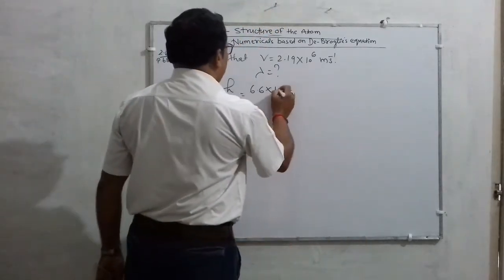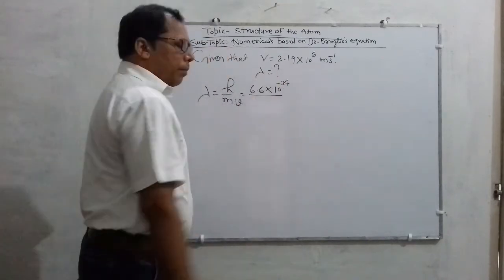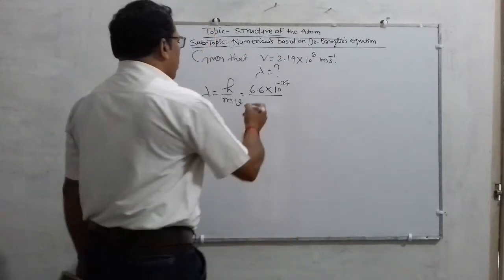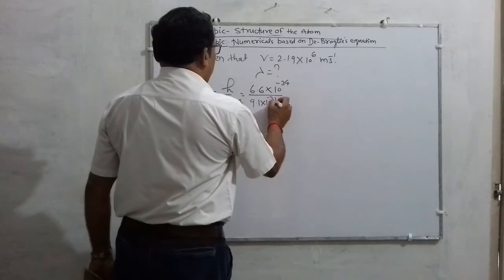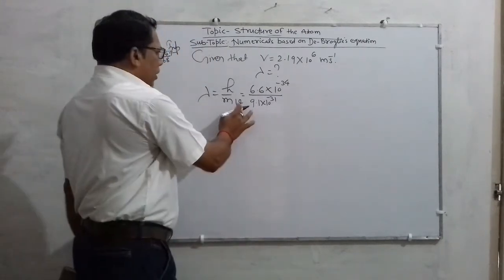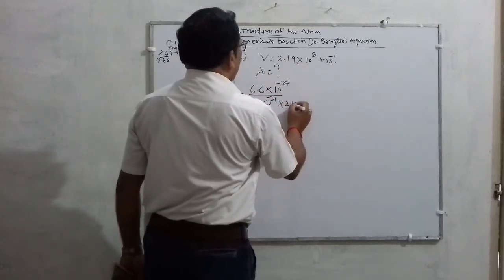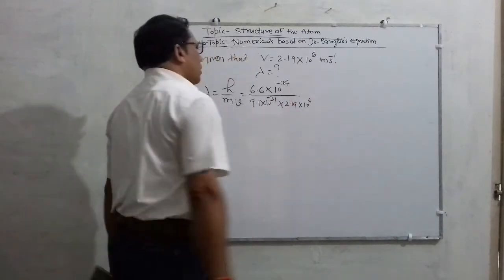So 6.6 into 10 to the power minus 34, and the mass of the electron you know, that value is 9.1 into 10 to the power minus 31, and V is also given, students. Put this V as 2.19 into 10 to the power 6.